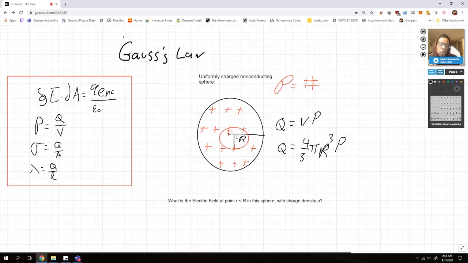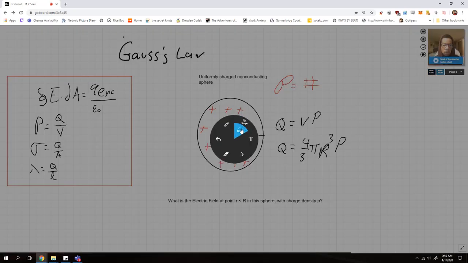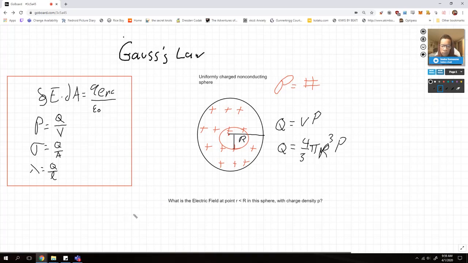And that amount of charge is going to be some ratio of my Gaussian sphere, little r, to my actual sphere, big R. And if I know how densely packed the charges are, I can figure out how much charge I've enclosed in my Gaussian sphere. So my next step is to write my Gauss's law.